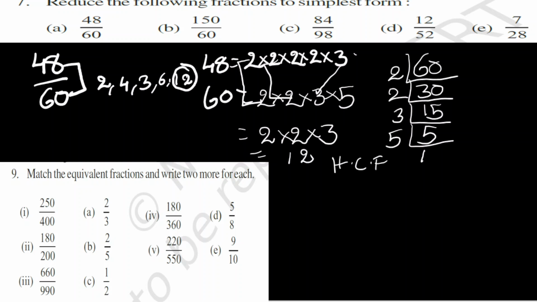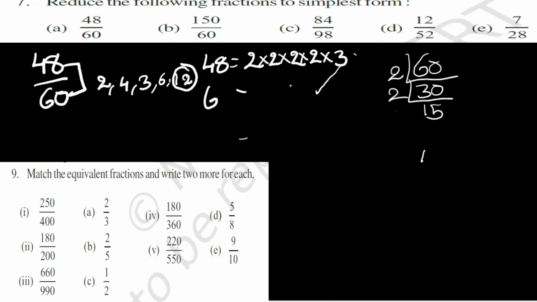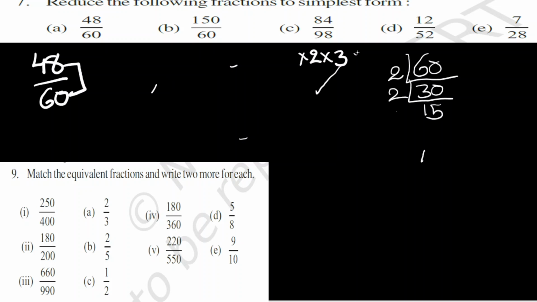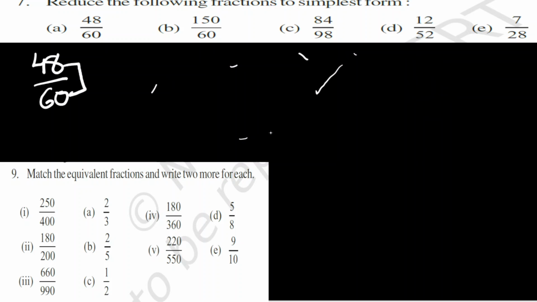To find the simplest form, each time you need to find the HCF of both the numerator and denominator, then divide both by the HCF.